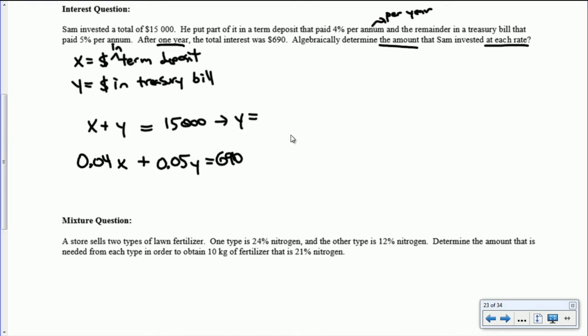And then we can maybe substitute, or we can even isolate both equations for y and then set them equal to each other. So anyways, this will be 15,000 minus x, and I can isolate this second equation also for y, so let's go ahead and do that.